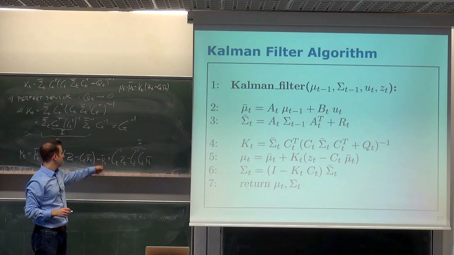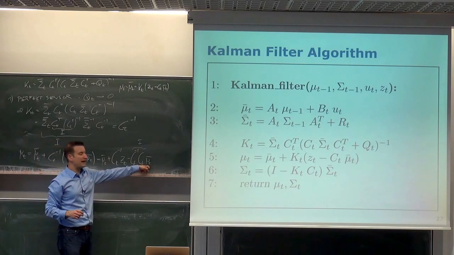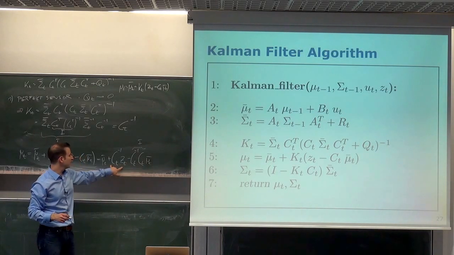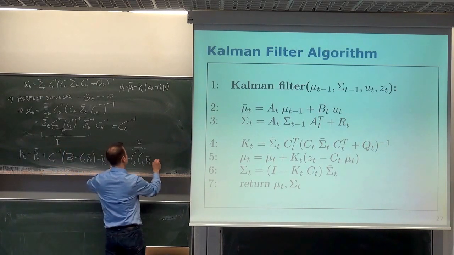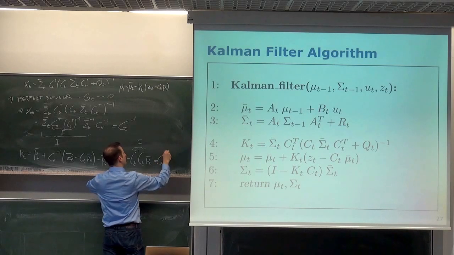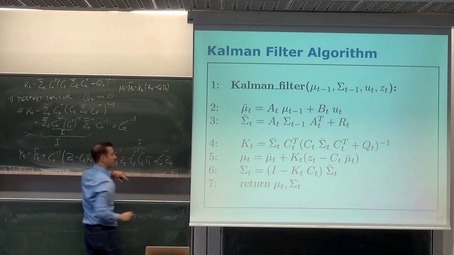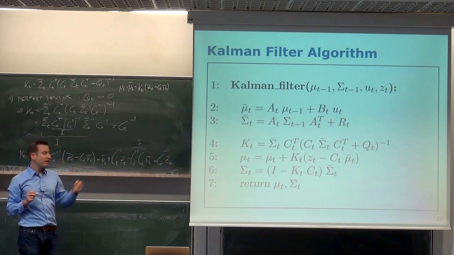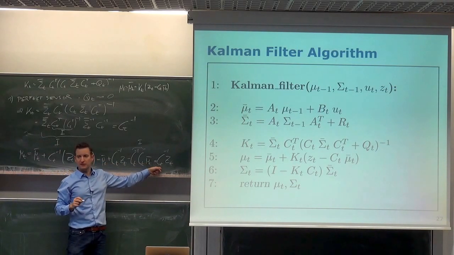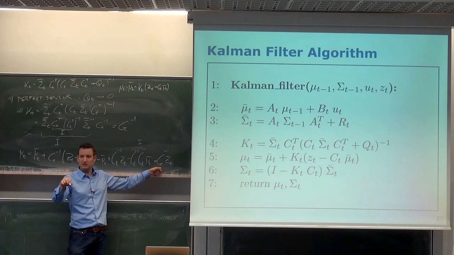And then I have plus predicted mean minus predicted mean. So they cancel out. The only thing which remains is this part over here, which is CT to the power of minus 1 ZT, which is the inverse of the function which computes the predicted measurement.